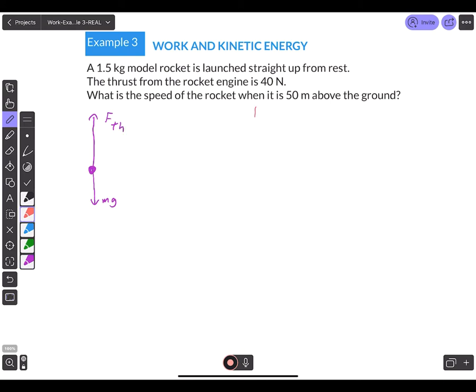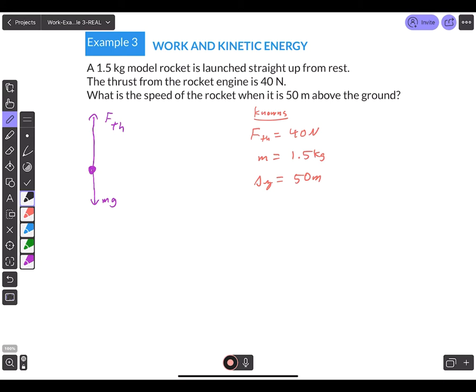And so what are our knowns at this point? Well, our knowns are that the force of the thrust is 40 newtons, that the mass is 1.5 kilograms, and that delta y is 50 meters. So that's what we know so far. What equations do we need?